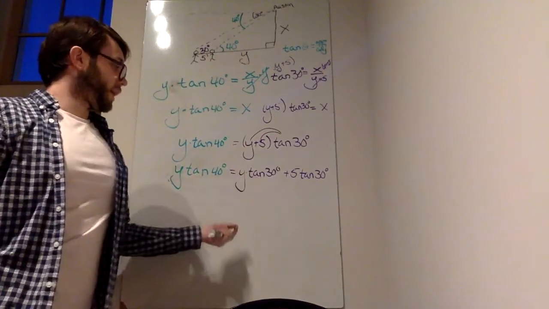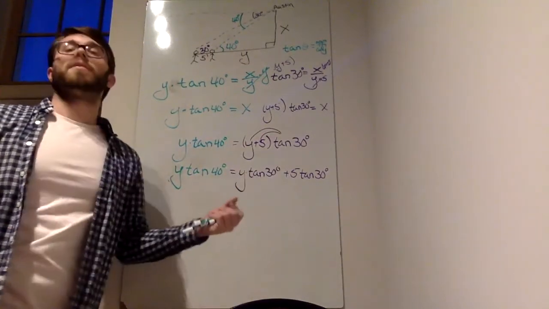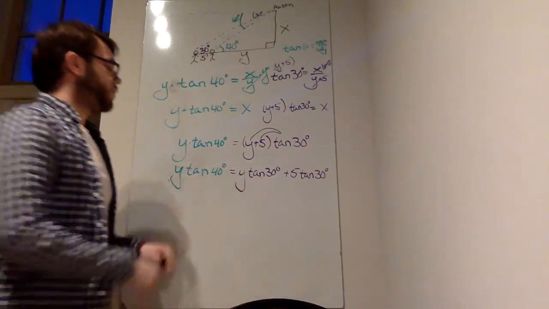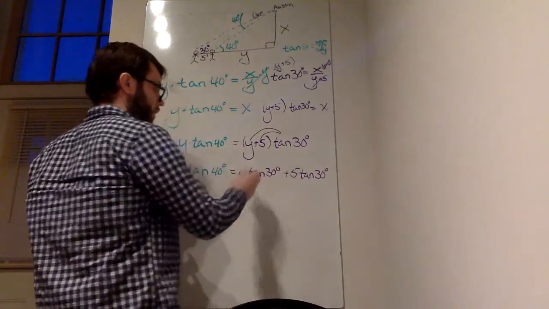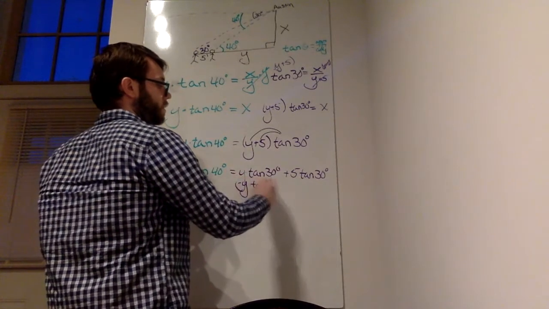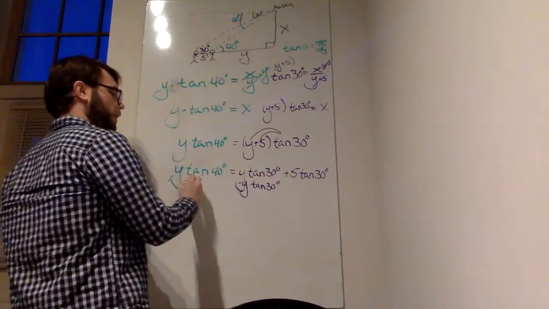So we're almost there. We're almost at the point where we have all the y's on one side. So now we just need to subtract this term, the y times tangent of 30 degrees, from both sides.